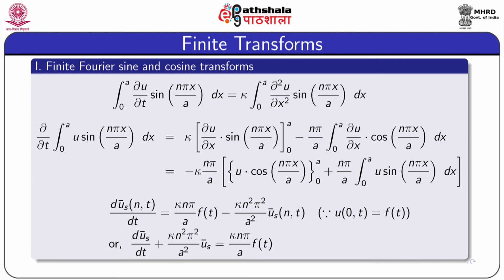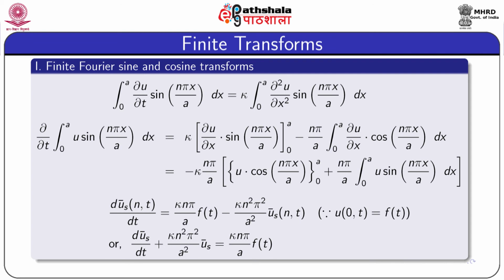So the value of this integral is given by kappa sin(n pi x by a) into integration of the second function, that is del u del x, limit 0 to a, minus the derivative of the first function, that gives cos(n pi x by a) into n pi by a, into integration of the second function del u del x dx. Now if we put the limit, then it contributes 0.